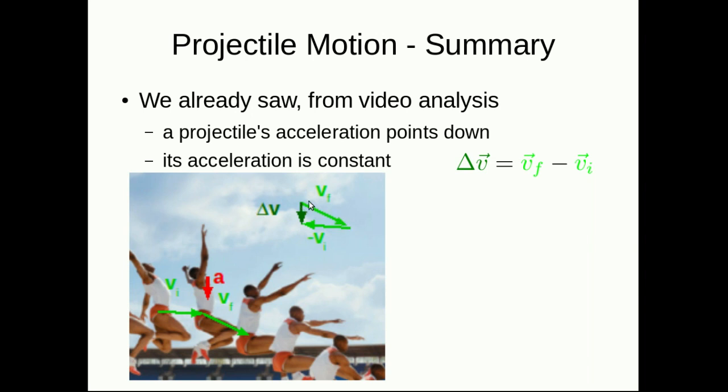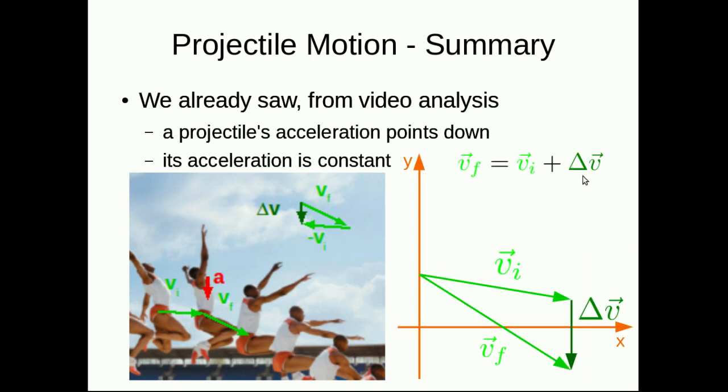Here we see a long jumper, and we see a final and an initial velocity, and there's the vector subtraction to get a delta v. Now you can rearrange that like so, and you might say, well, so what?